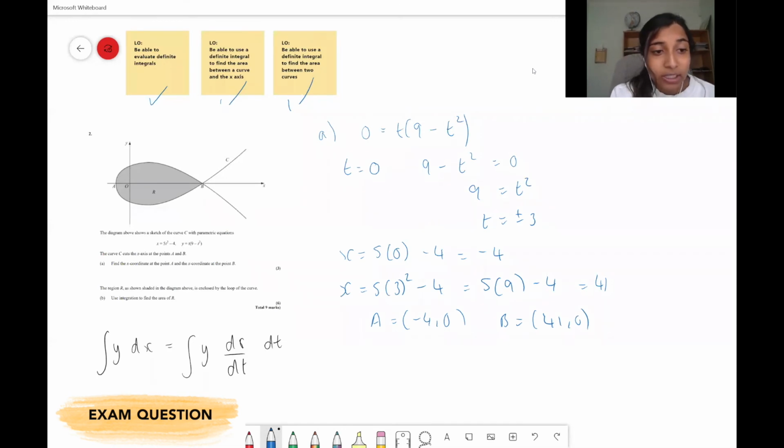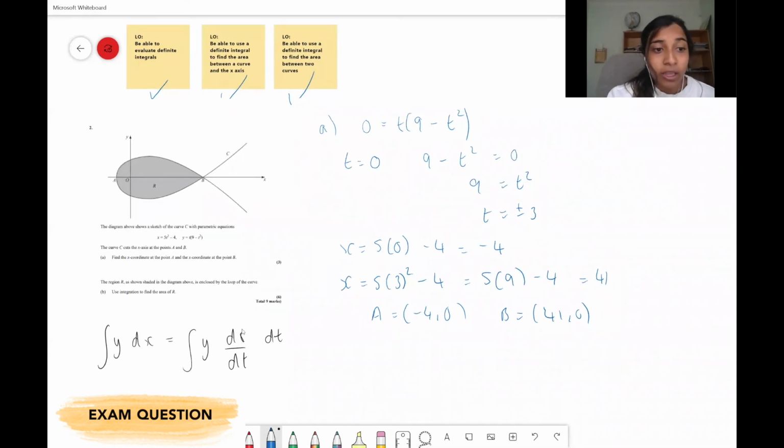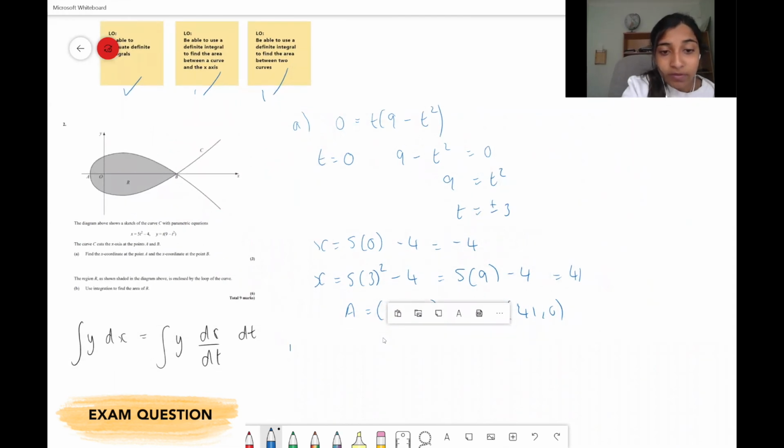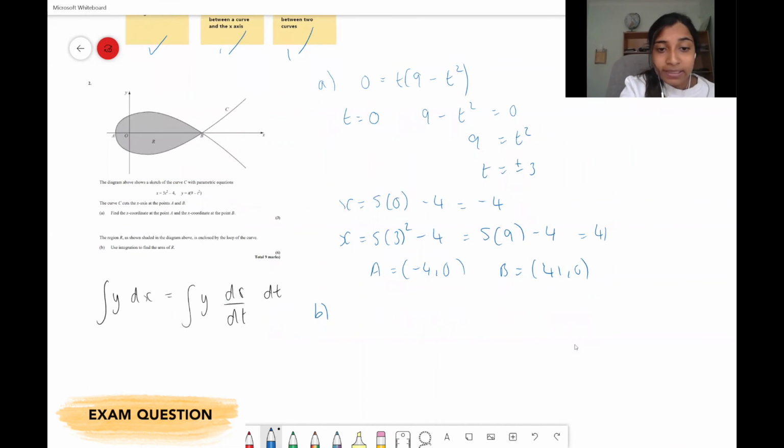So now your next thing you want to do is, for part B, you have the region R as shown shaded in the diagram above, enclosed by the loop of the curve. We want to use integration to find the area of R. So we want to find the area between, you can use t because everything is in t.